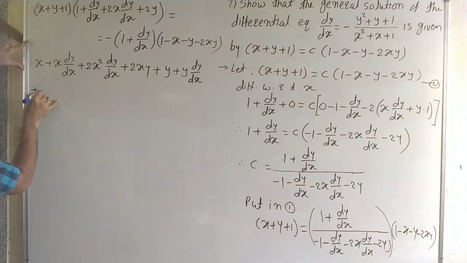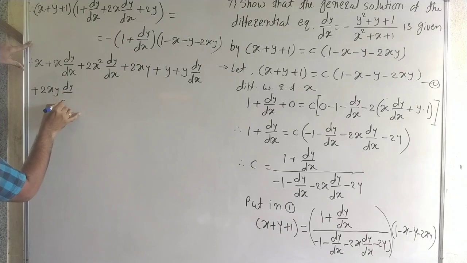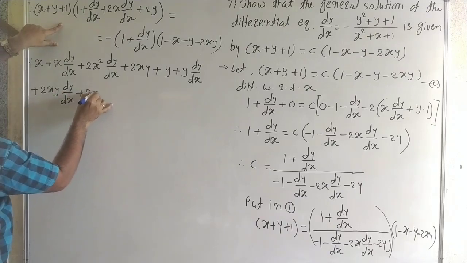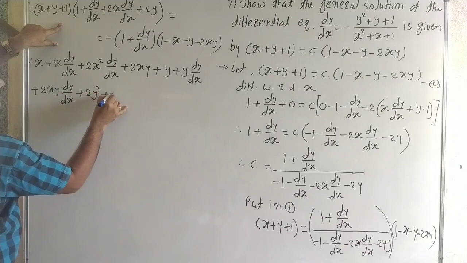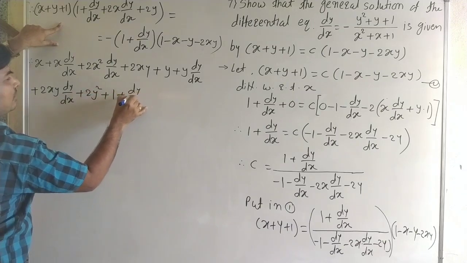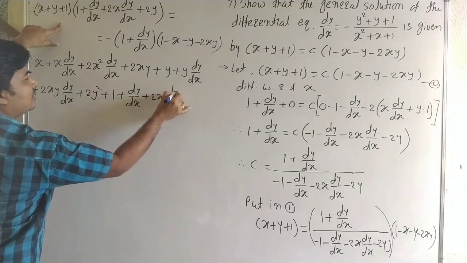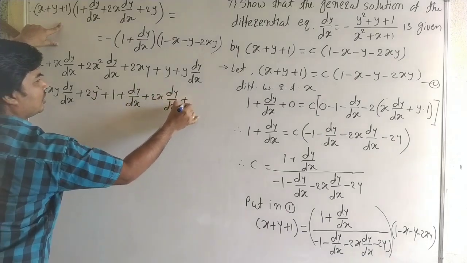plus 2xy dy by dx plus 2y square and plus 1 plus dy by dx plus 2x dy by dx plus 2y.